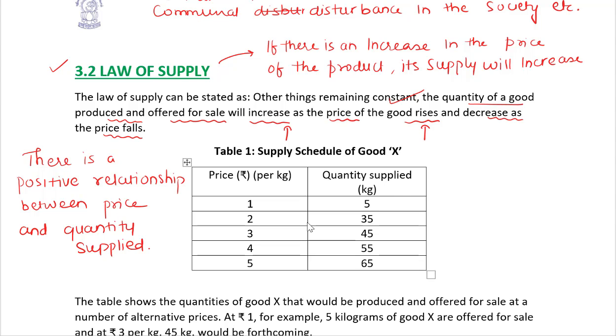At 1 rupee per kg, the quantity supplied is 5 kg. When there is a rise in price from 1 rupee to 2 rupee, there is a rise in quantity from 5 to 35. When the price went up from 2 to 3, the quantity went up from 35 to 45. From 3 to 4, 45 to 55. From 4 to 5, 55 to 65.